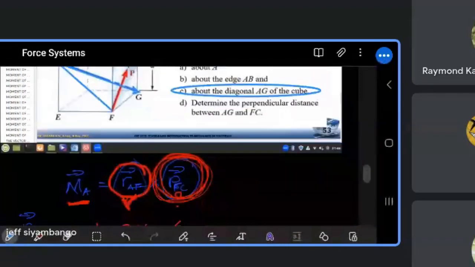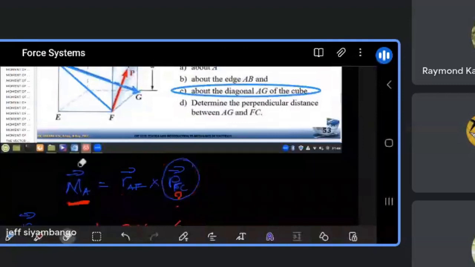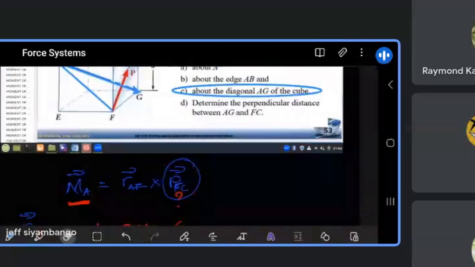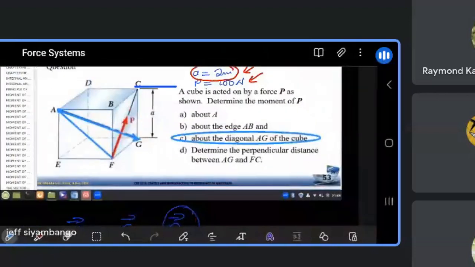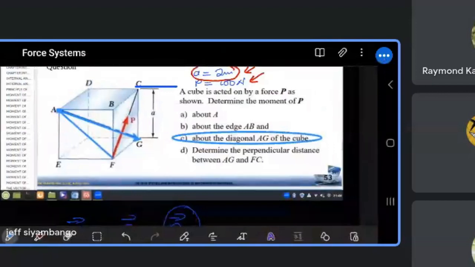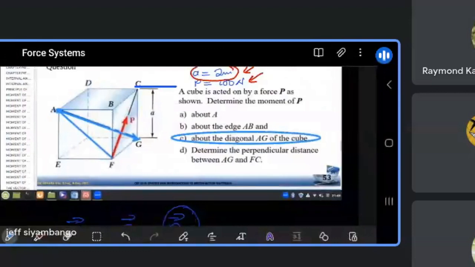Remember again, we need two things: the moment about a point on our axis and the unit vector in the direction of the axis. So for the moment about a point on the axis, we will still use the first one that we got because A still lies on the axis AG. The only thing that we now have to determine is a unit vector that runs from A to G.